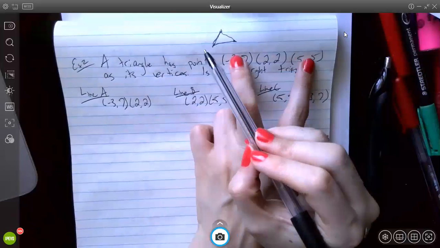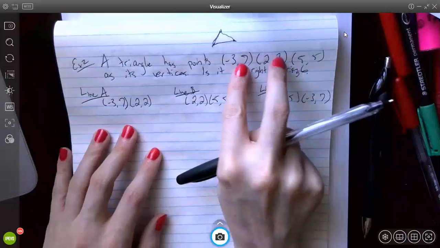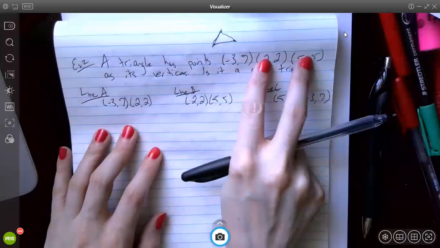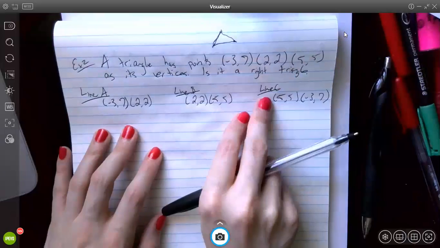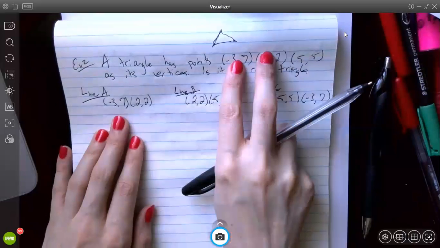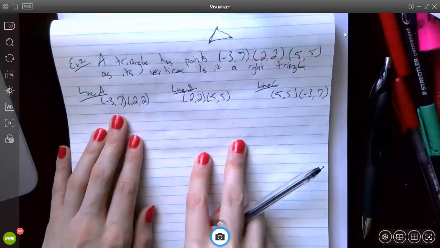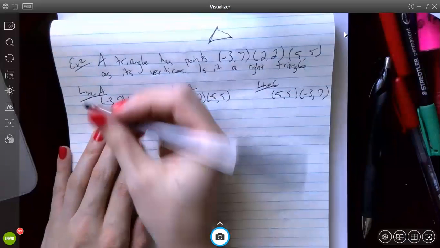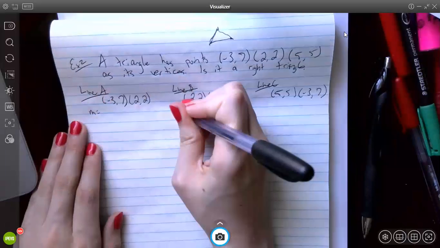And then there would be a line between these 2 points. So each of these coordinates can be paired with each other to create a line. That's all I've done. I've taken these 2, and then these 2, and then these 2 to create my 3 lines. And now all I'm going to do is figure out what the slopes of each of these lines are.